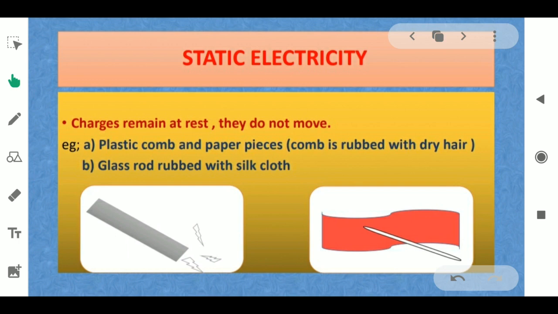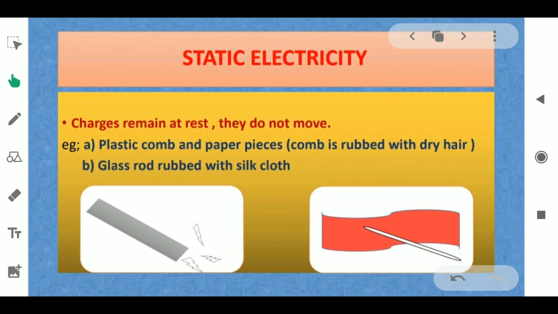For example, the plastic comb and paper pieces. In standard 8 you may have studied that you rub this plastic comb with your dry hair, and after that you show this plastic comb to pieces of paper. Then you can see that the papers get attracted to the plastic comb. Why? Initially the plastic comb was electrically neutral.